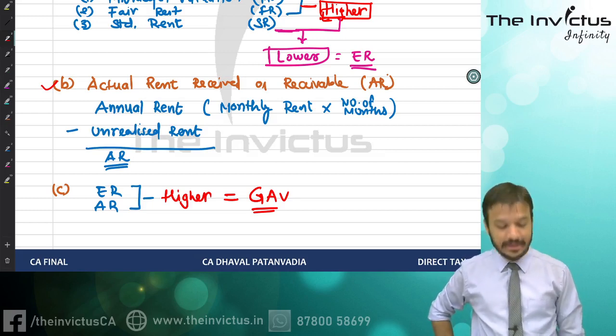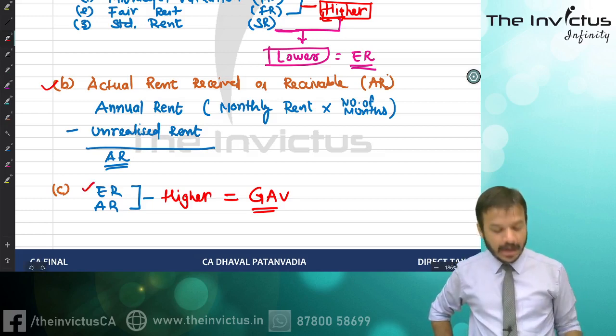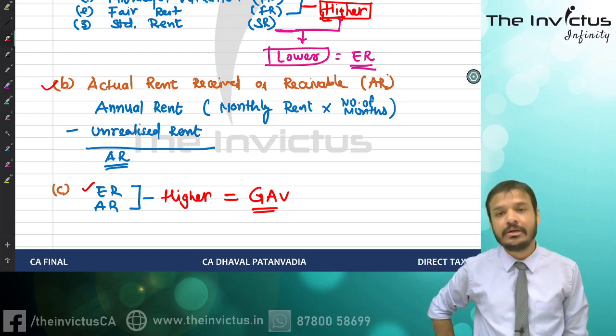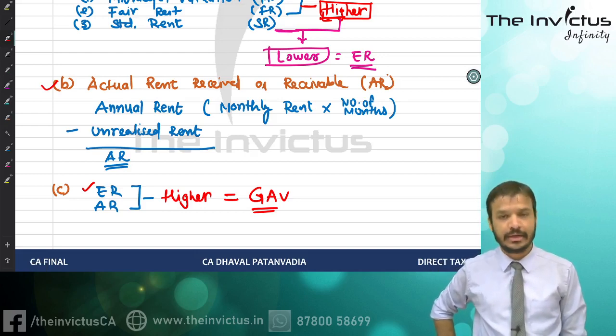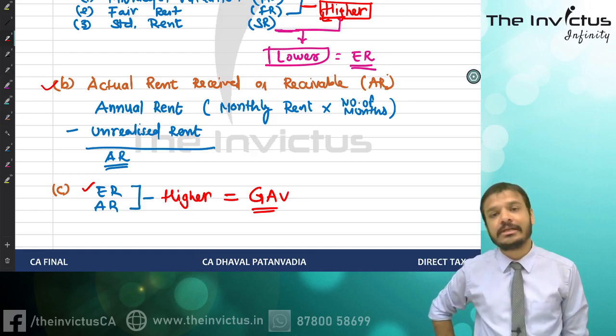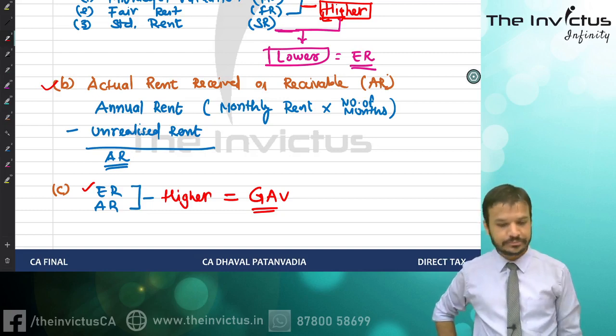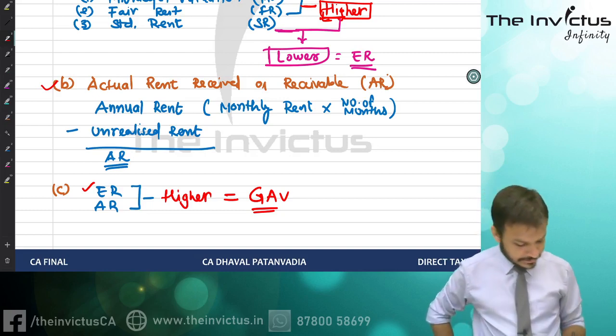Automatically your ER will become GAV in case of deemed let out property. And in case of self occupied property, we have already discussed, it is nil.